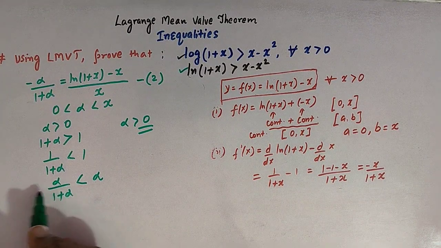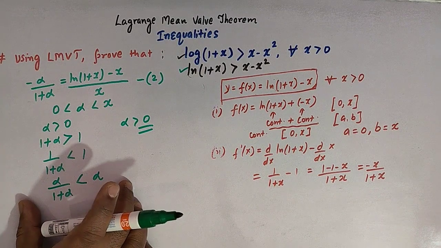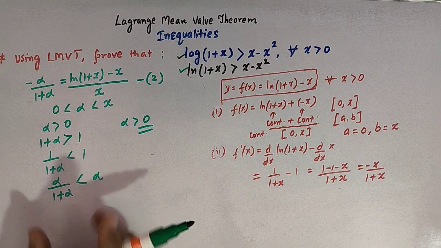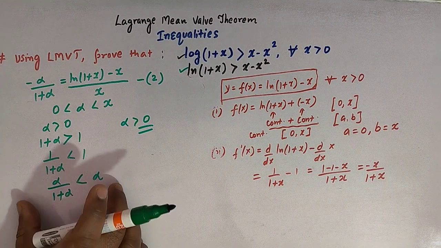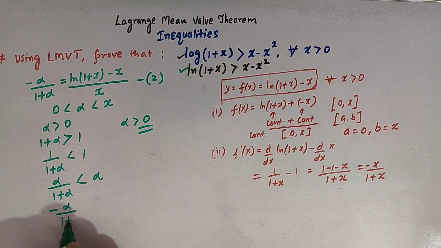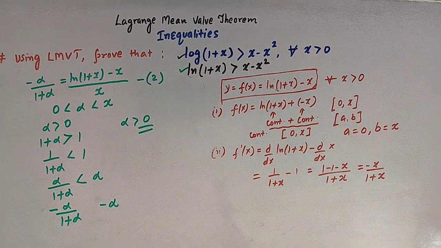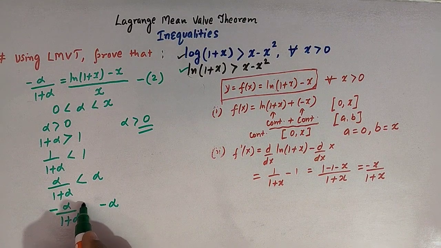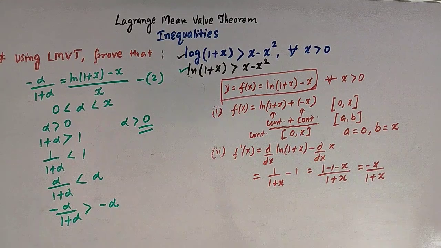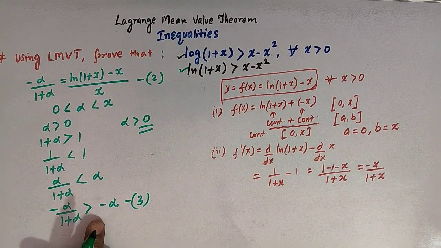So what we will do, let us multiply both sides by -1, right? So here we are going step by step. So let us multiply both sides by -1. So we have minus alpha over 1 plus alpha, and here we'll have minus alpha, right? And the direction of the inequality gets reversed, right? Okay, so now we have this inequality, right?